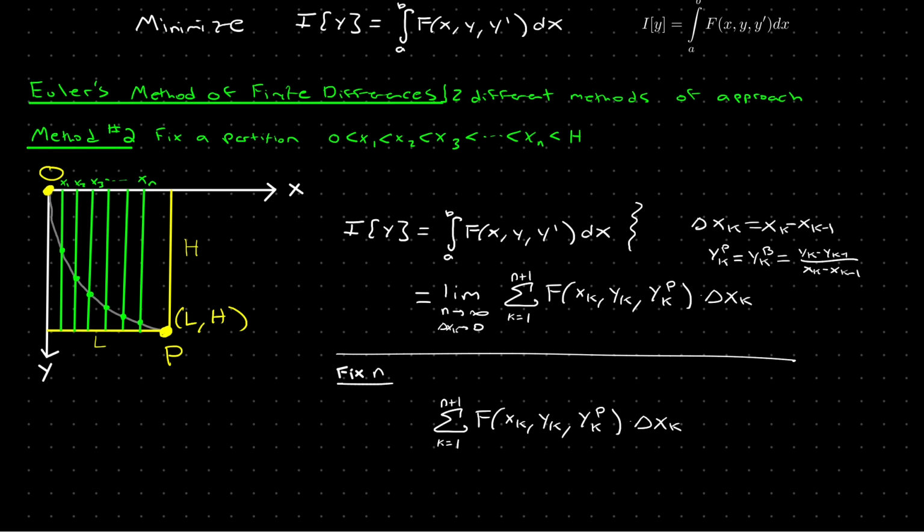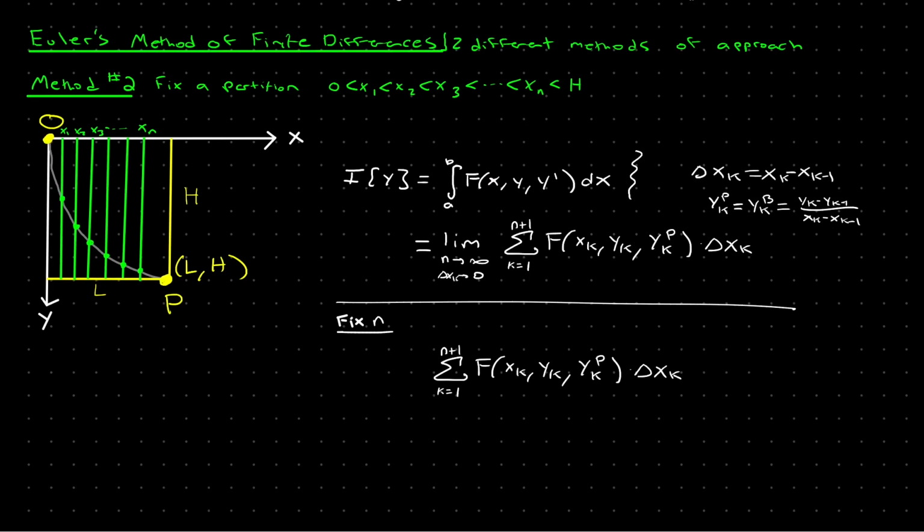Only now, because we've fixed the values of x, in this summation, all of the x values that occur, x1, x2, all the way up to xn, are constant, fixed values, and the y's are what are being treated as variable here.